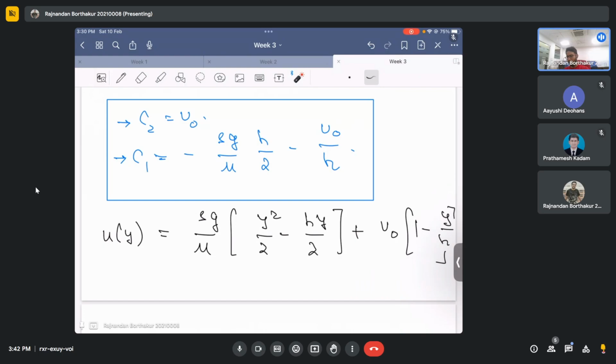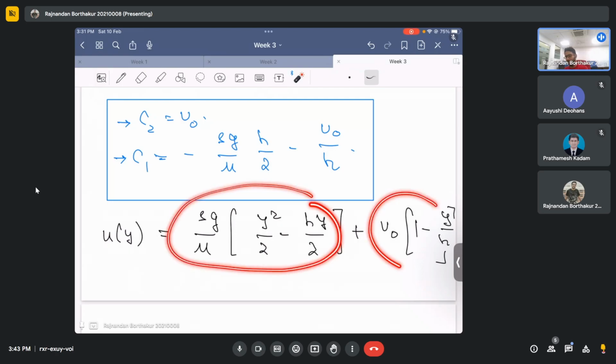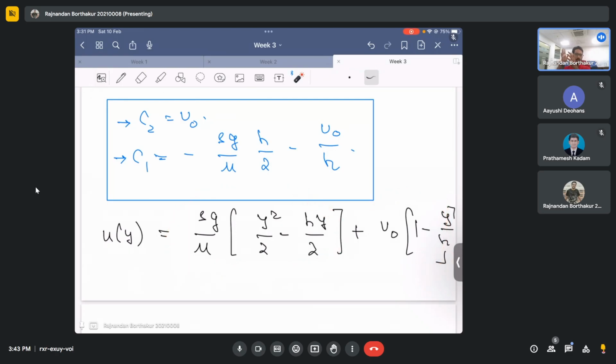As you can observe, this is the flow field that is generated because of gravity. It's because of the gravitational force that is acting on the chunk of fluid, and this is the contribution from this term. And this is the term which causes the fluid to move along with the belt.